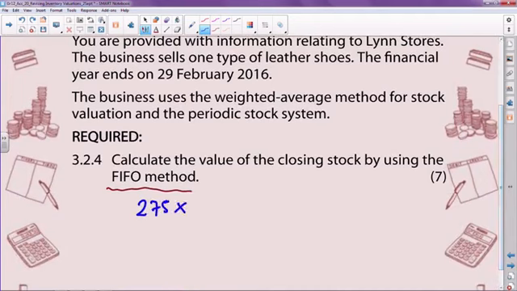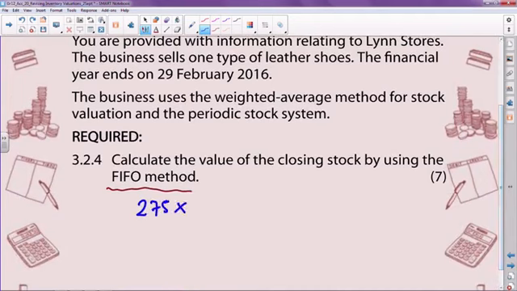So we say, fine, we're working for the next 50 pairs of shoes at 740 Rand per pair, and let's do the calculation. So we've got 50 pairs valued at 740 Rand to give me a total value of 37,000.